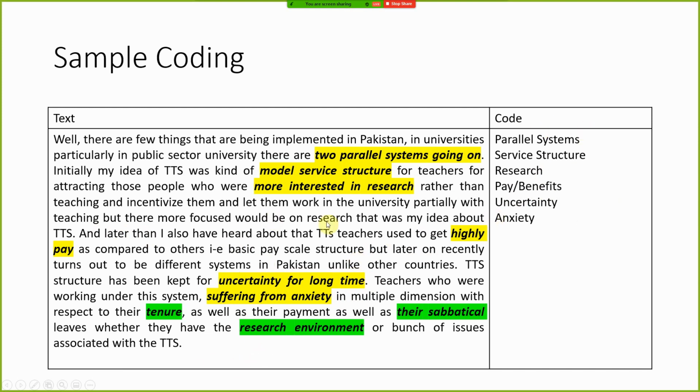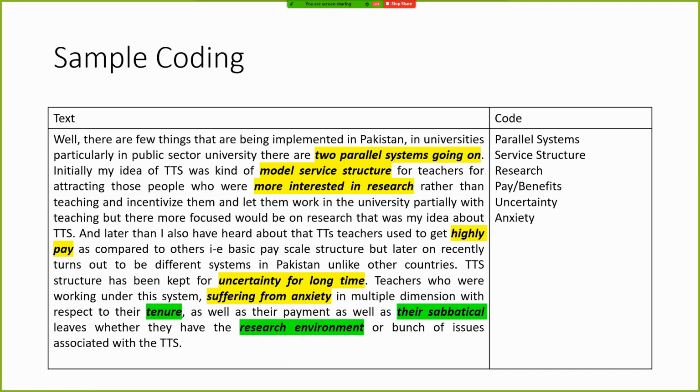And yes, this particular code can have many sentences. For example, even in this single paragraph, there are two sentences about research. So this particular code, research, will have two sentences: one about being more interested in research, and the next about the research environment.